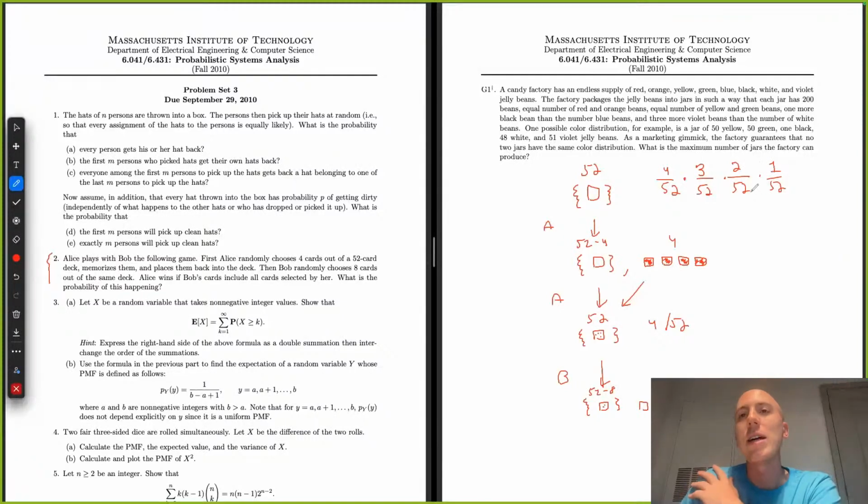Imagine in real life, Alice is trying to win. It's so unlikely that Bob picks the first card, but we got 1 card.